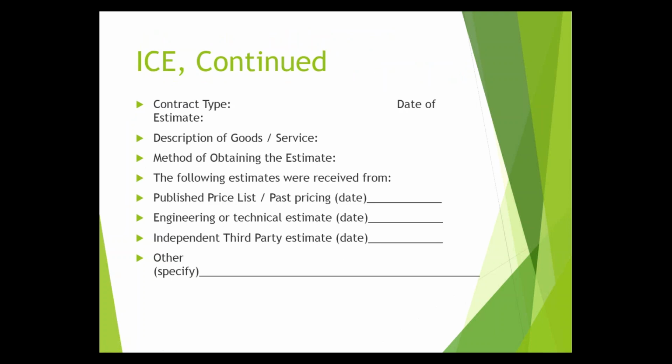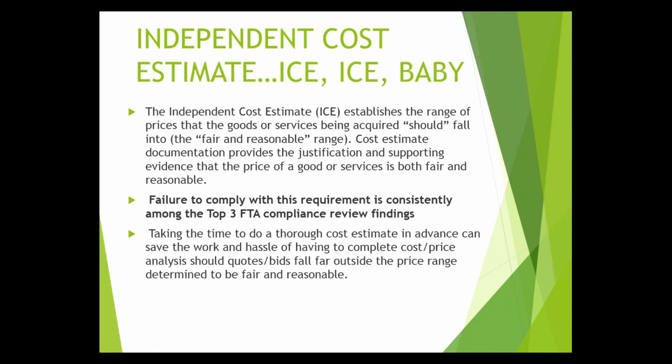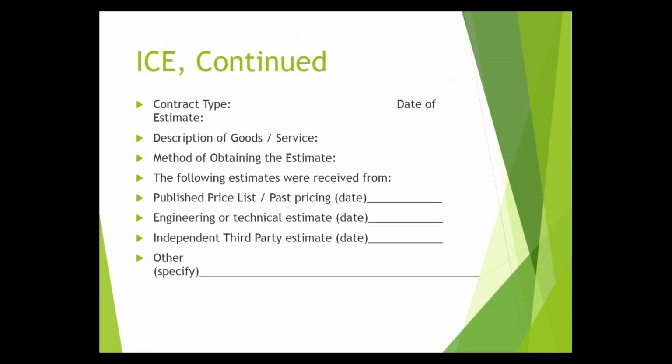So here again, we have an independent cost estimate form for you. I'm going to show you where you can find those in just a little bit. And I'm going to show you what it looks like now because I copied and pasted it here. So there's a form available. All of the procurement checklists and forms are on Black Cat and also available on the Office of Transit's website.